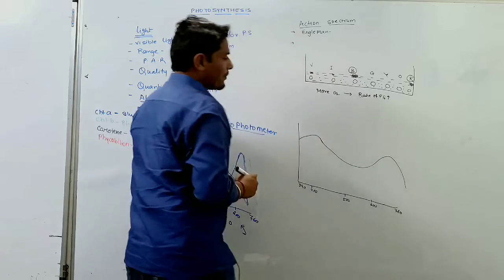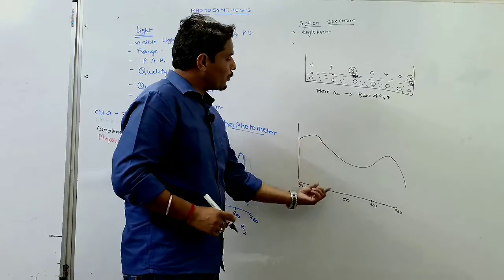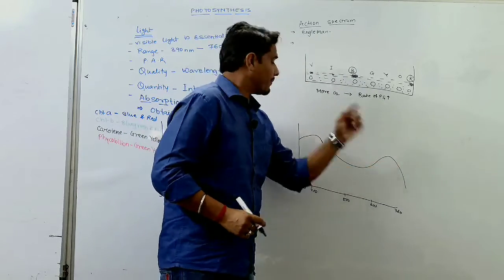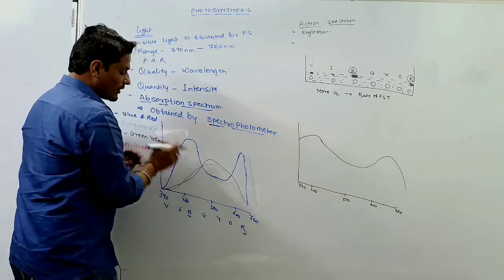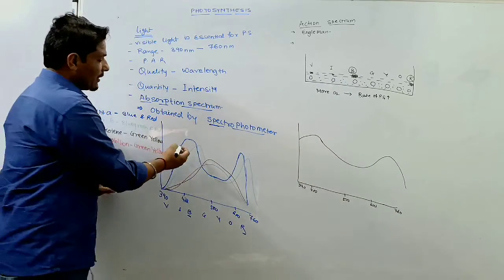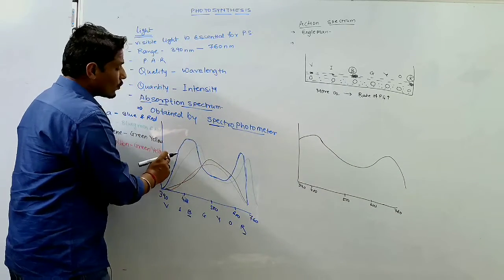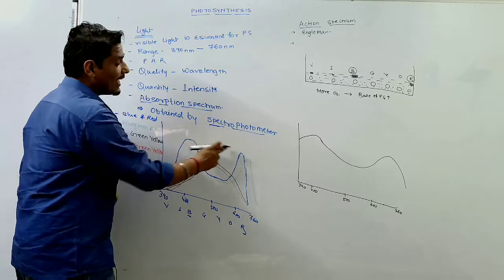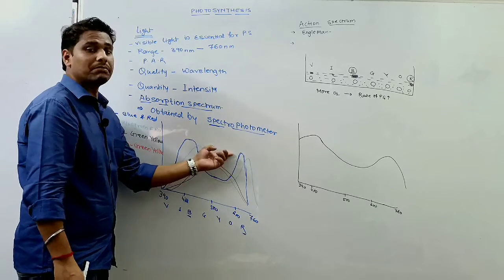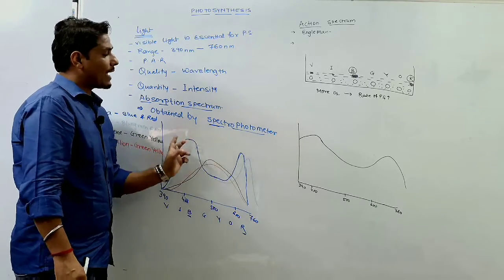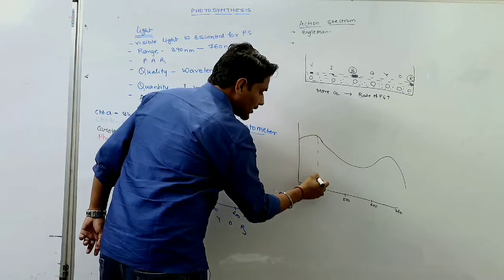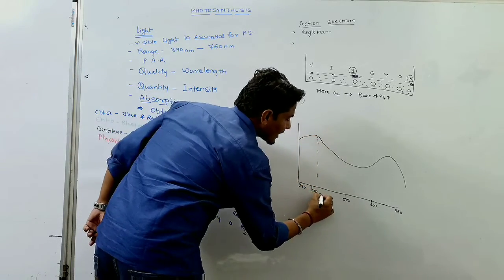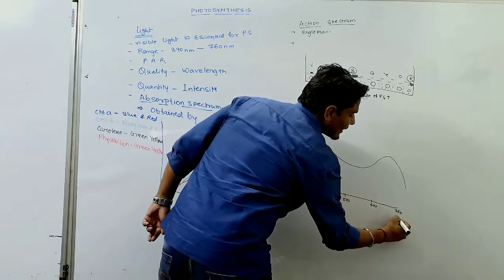He plotted the graph at the blue region and the red region. This graph was superposed on the absorption spectrum, and then we find that chlorophyll A absorbs maximum light, because the absorption takes place at the blue region and red region.